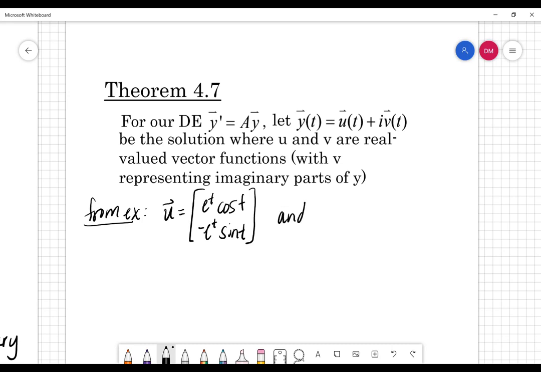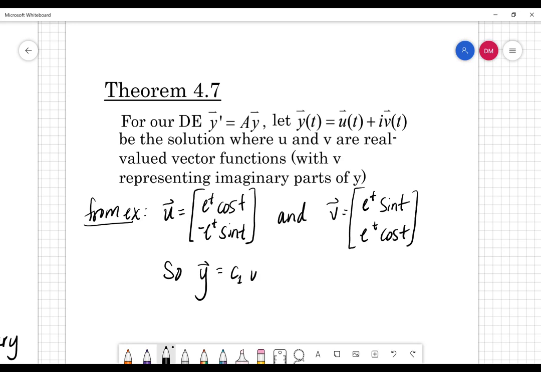And then v, because it was all of the imaginary parts, would look like e to the t sine t, e to the t cosine t. So that means that y is equal to c sub 1 times what we got for u plus c sub 2 times what we got for v. This is what our solution will look like when it comes to these complex eigenpairs.